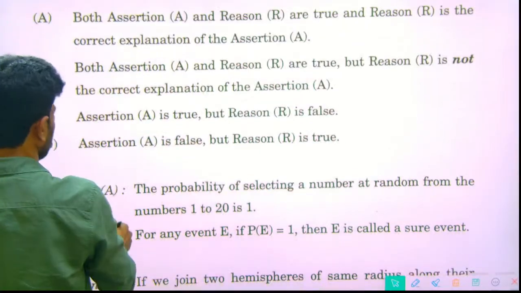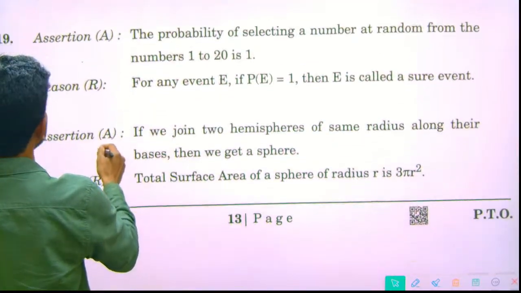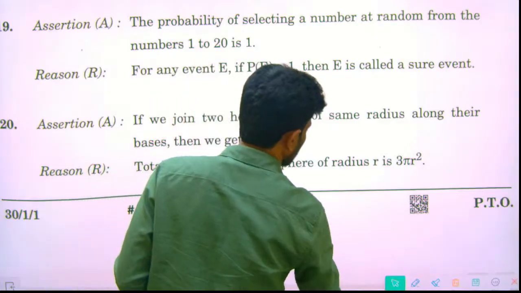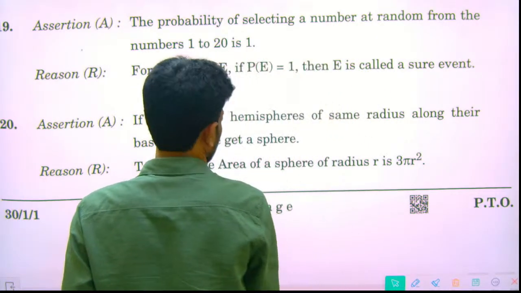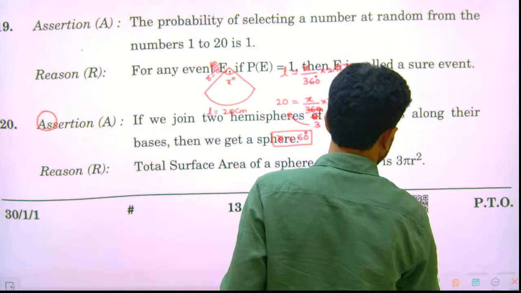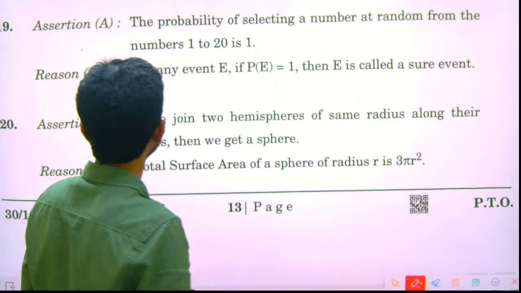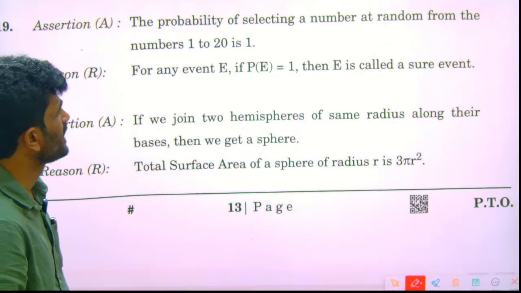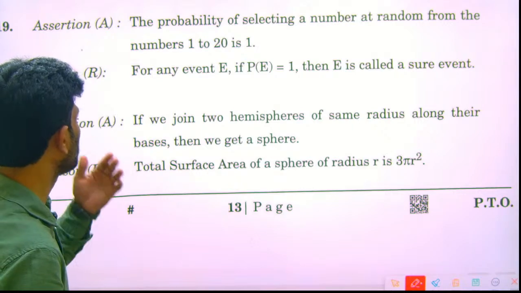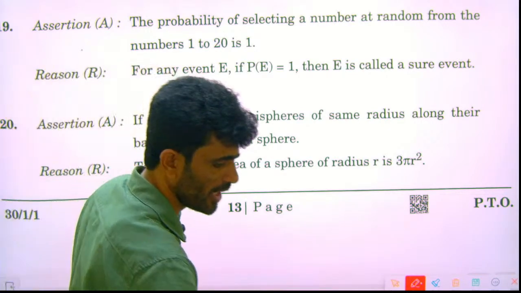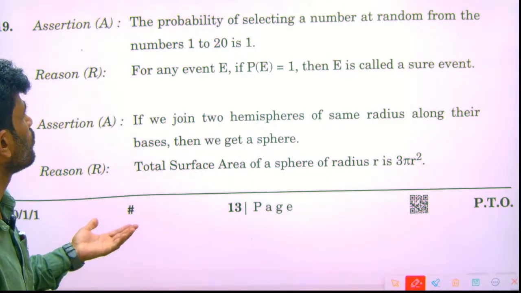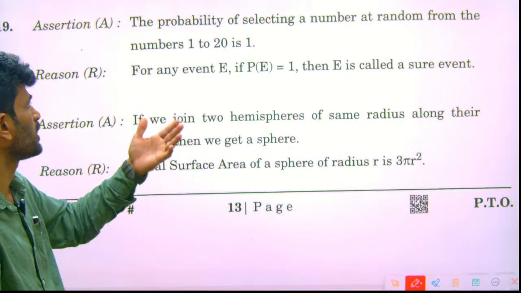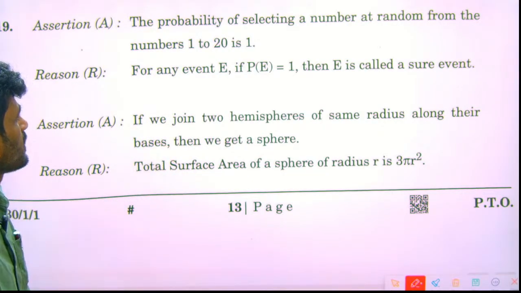assertion and reasoning. In this first one, question number 19, the probability of selecting a number at random from the numbers 1 to 20. So here what happens, whenever they did not ask you to select one particular number like 2, 3, 4, any number you can select.